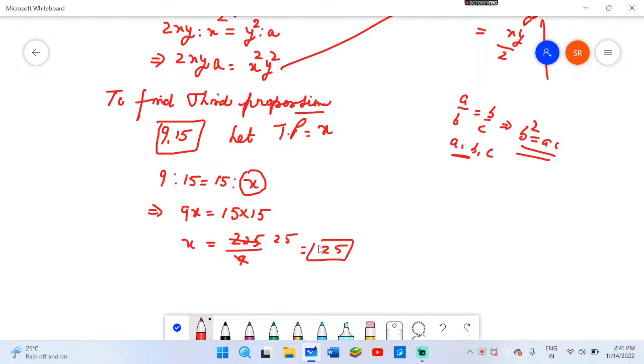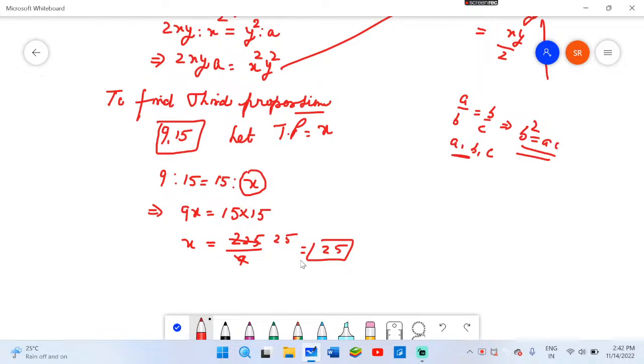So here if x is the third proportional to 9 and 15, then 9 is to 15 is the same as 15 is to x. So x equals 25.